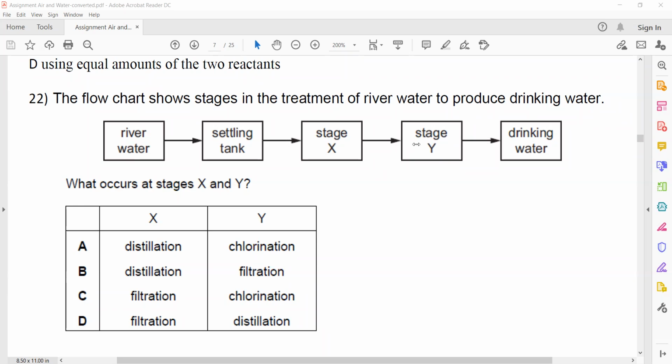Yes, C is the right answer. First we filter it, and then we do chlorination to remove any bacteria or microbes.